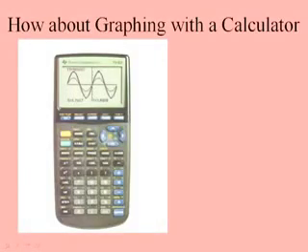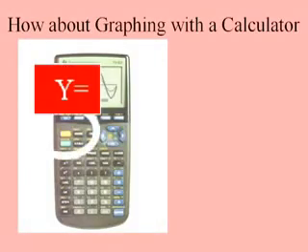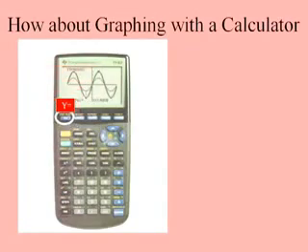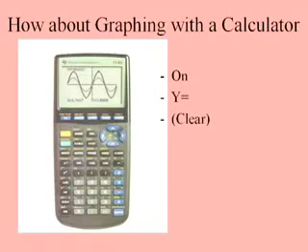You can check my answer with your calculator. Here's the buttons you'll use. The y equals button, that's the X button, that's the graph button, and the clear button. Of course, the on button. If you turn your calculator on, hit Y equals, you might have to clear out something from previous class.